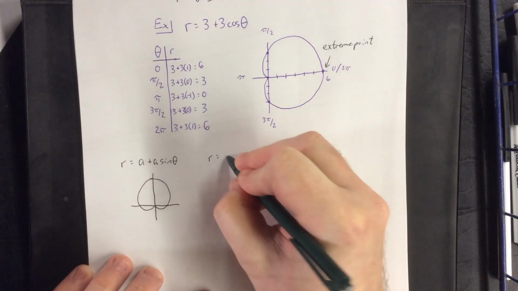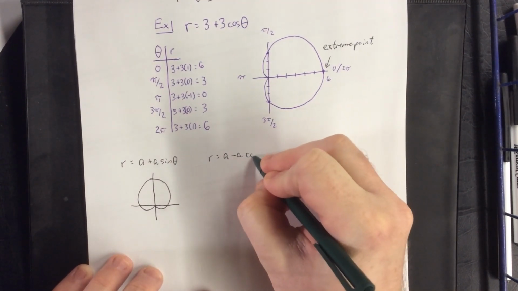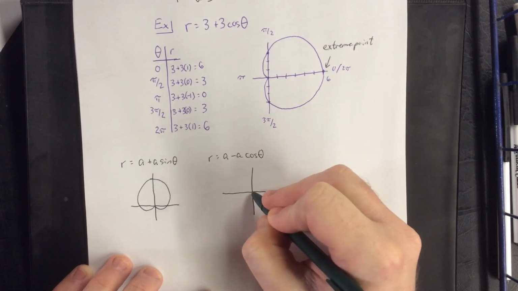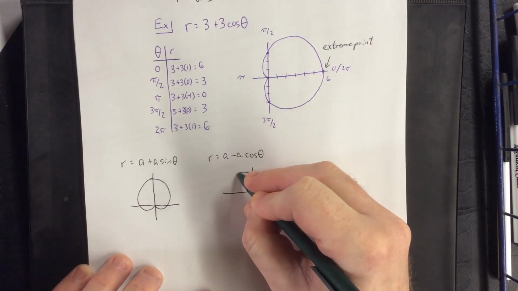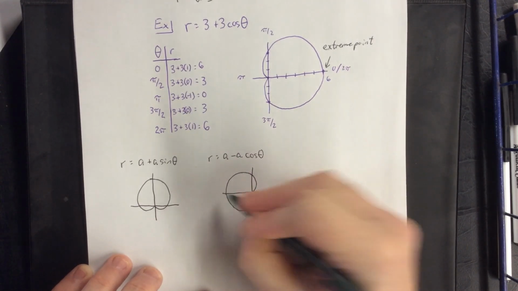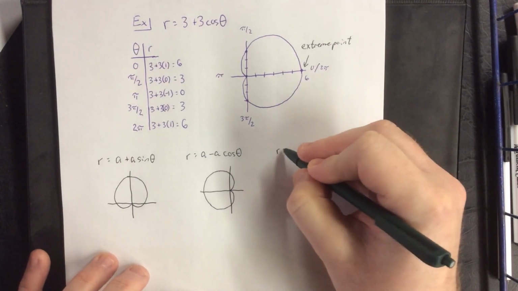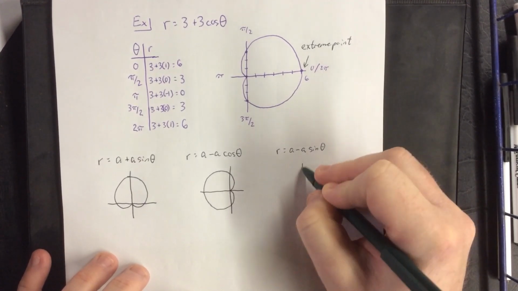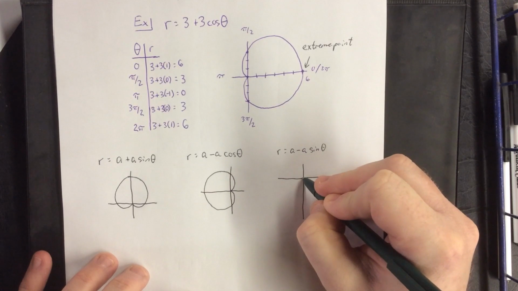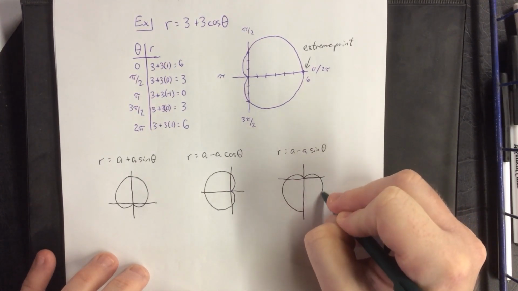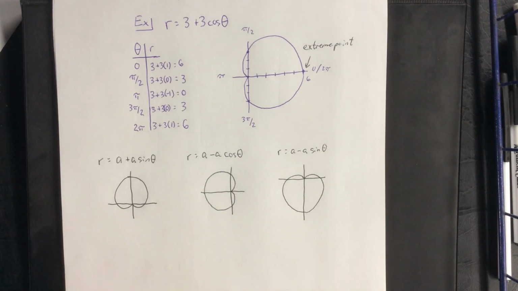If we had r equals a minus a times the cosine of theta, once again cosine tends to be horizontal, and with that negative, the extreme point will be on the negative side. And finally, r equals a minus a times the sine of theta, we would see the extreme value in the downward direction.